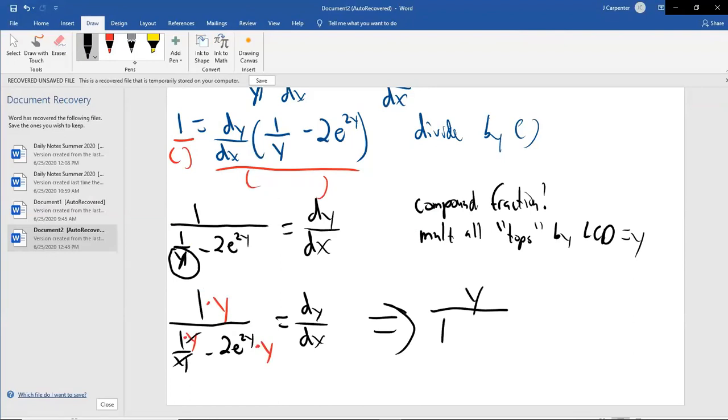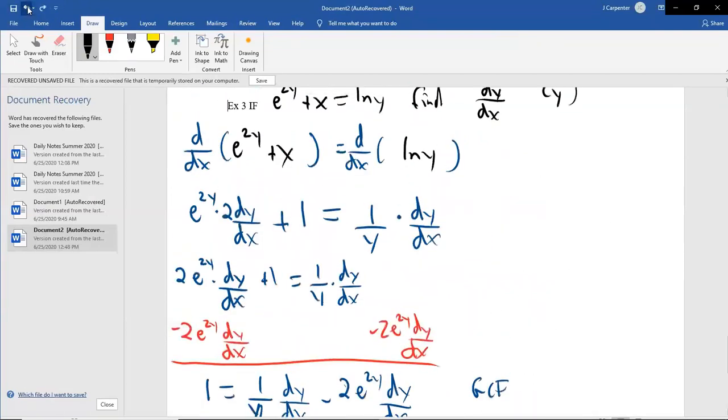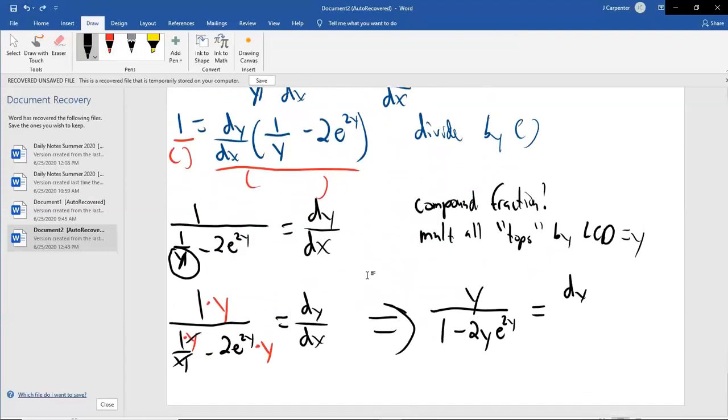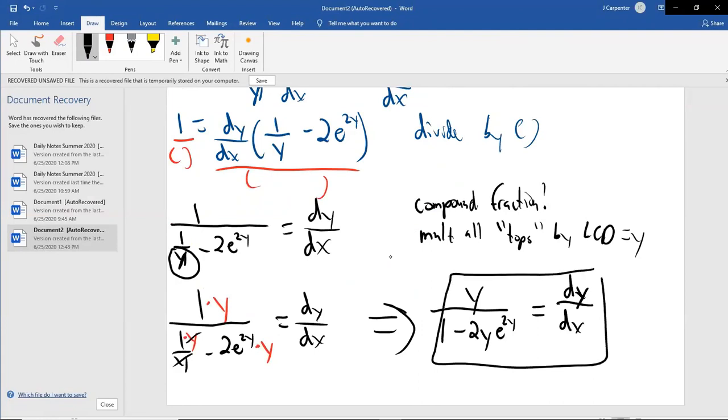The bottom left is now just a 1 minus, let's put that y up next to the 2 and e to the 2y. That got really sloppy. dy over dx. There is our slope formula.